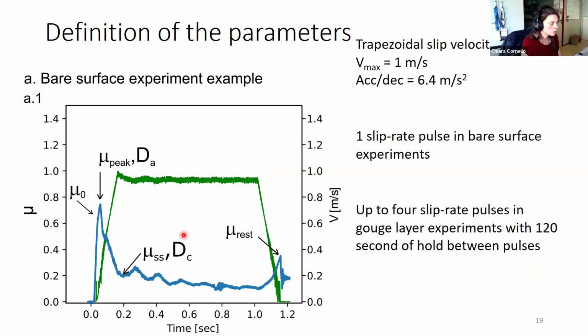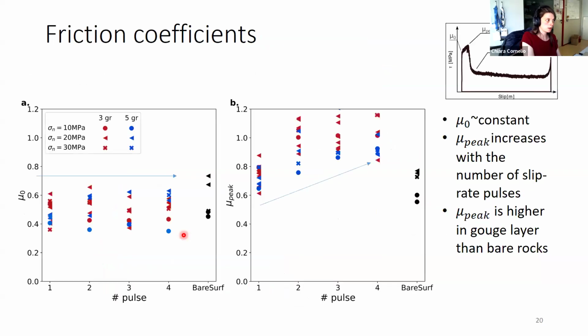So if we look at how these 5 parameters evolve with the number of events and if they are different between bare rock and gouge, we have this graph over here. Now we are looking just at the yield stress here, and what we can see is that this is not changing with the number of pulses.